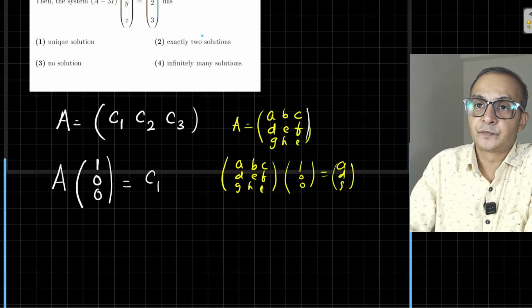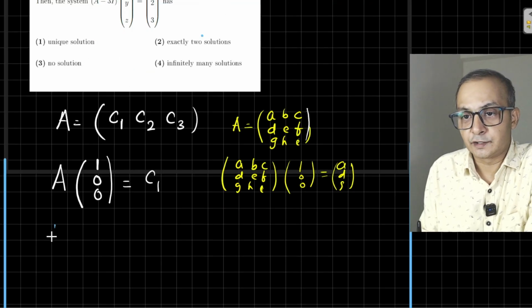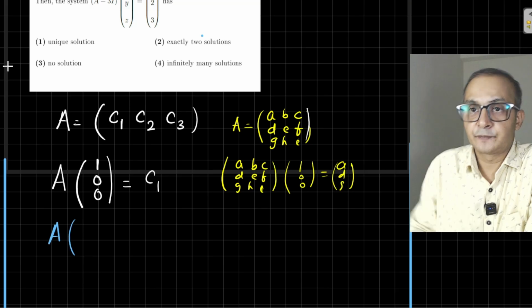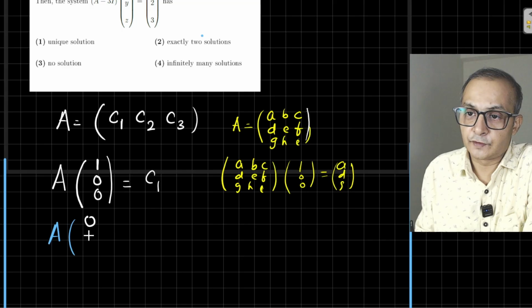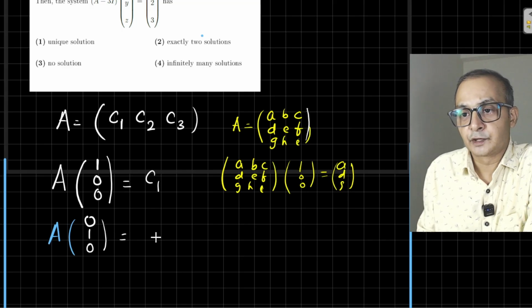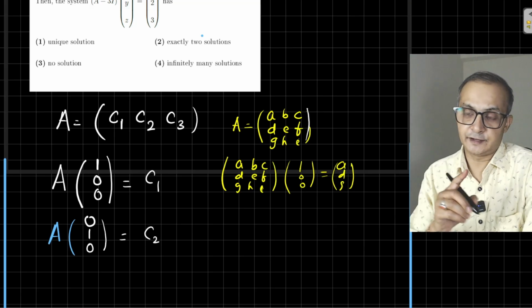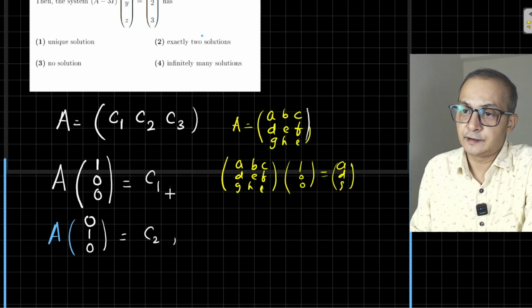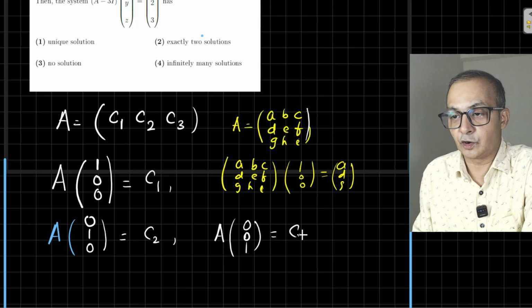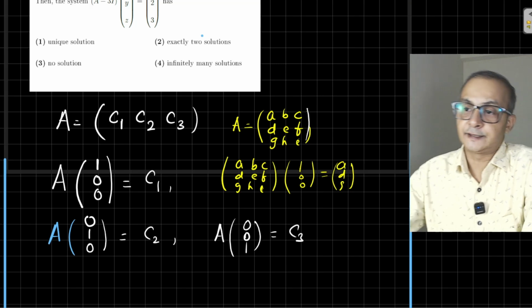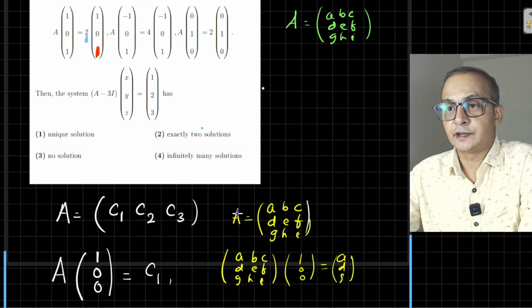So A times the second column of the identity matrix, that is (0, 1, 0), will give you column 2 of the matrix A. In the same way, if I take the third column of the identity matrix, that is (0, 0, 1), I will get column 3 of the matrix A. So this idea we can apply here.